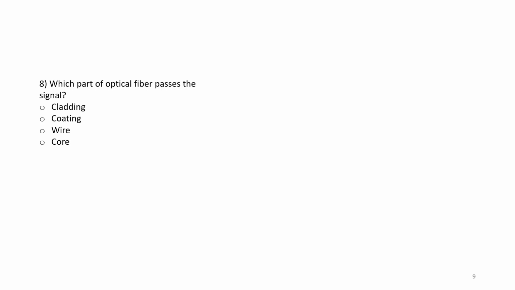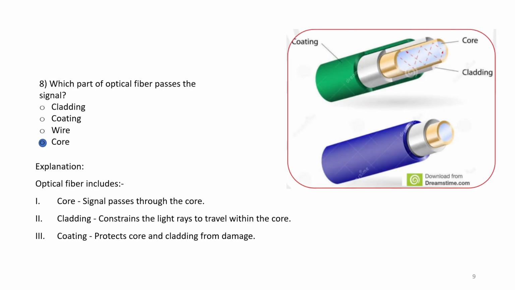Next up, you have which part of optical fiber passes the signal. Your options are cladding, coating, wire and core. So the answer will be core. So this is how your optical fiber looks like. This is the assembly. The innermost part is made of core, and in this part your optical signal is passing.